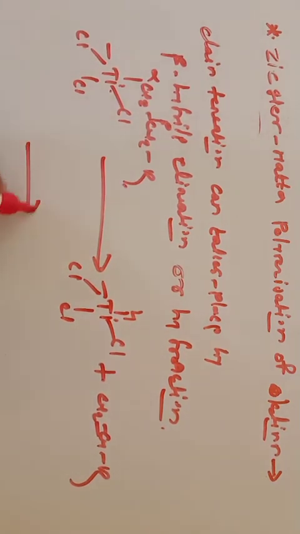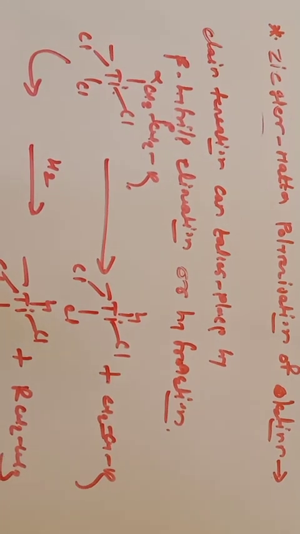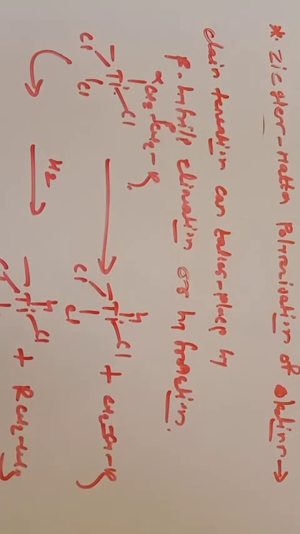Or second, it undergoes a hydrogenation reaction, reaction with H2. The same reactant reacts with H2 to give titanium, hydrogen, Cl with elimination of RCH2 CH3. So this is all about the mechanism of Ziegler-Natta polymerization.